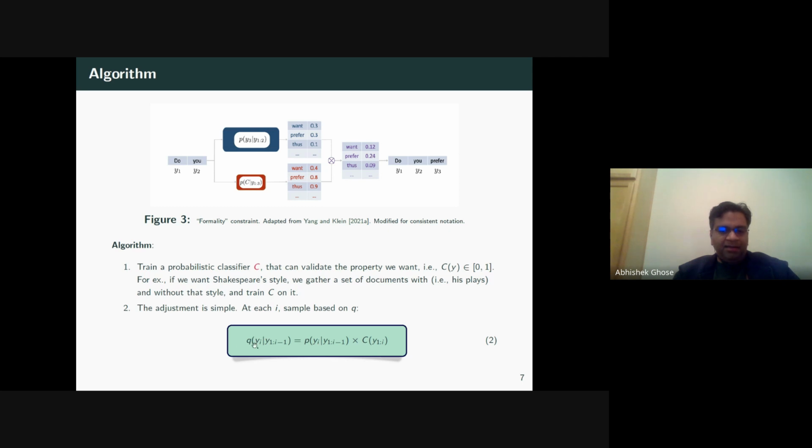And then you get an adjusted score, which I'm referring to by q here. So this becomes a new score, and you do your sampling, like nucleus sampling or beam sampling, max sampling, greedy sampling based on q. You don't do it based on p, right? Fairly simple setup. Any questions?